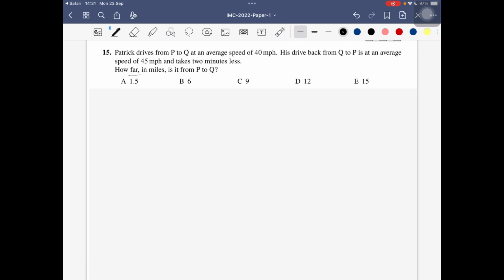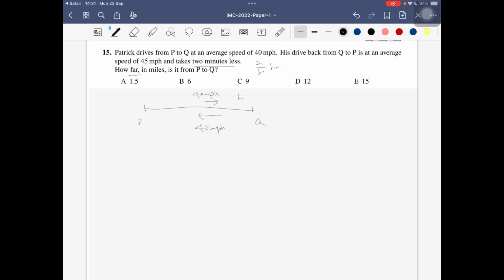Number 15. Patrick drives from P to Q at an average speed of 40 mph. Coming back, 45 mph. It takes 2 minutes less. But mph is miles per hour, so this is the unit with hours, but this is minutes. So 2 minutes is 2 over 60 hours.